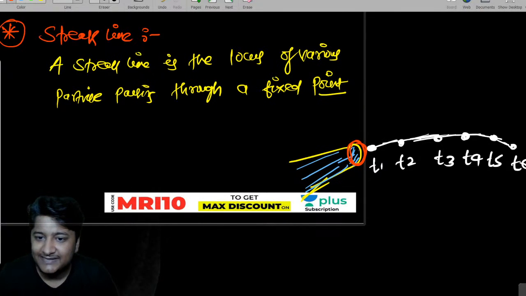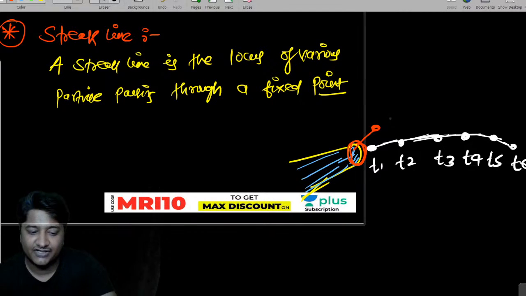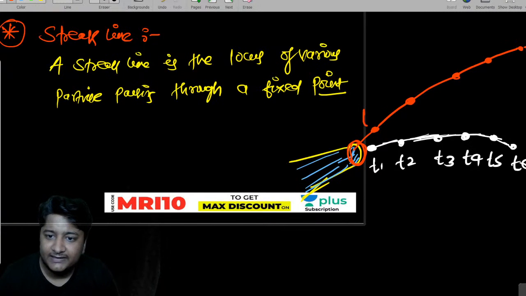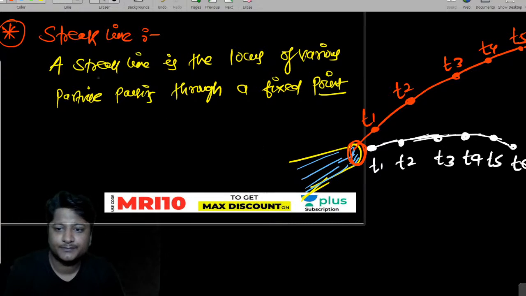Similarly, from here another particle came out. That particle is going in this direction. Now at time T1, T2, T3, T4, T5, T6, that is also nothing but a path line.